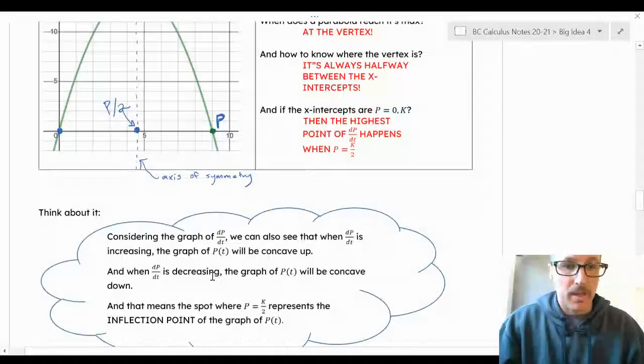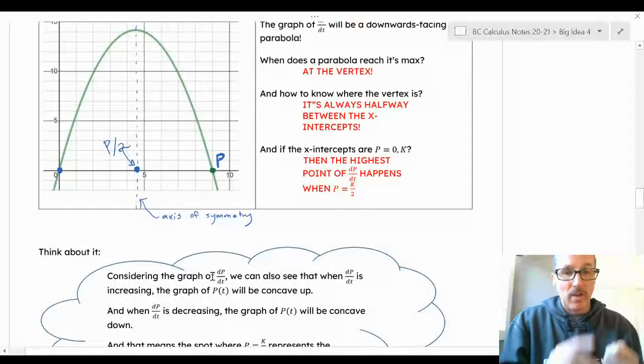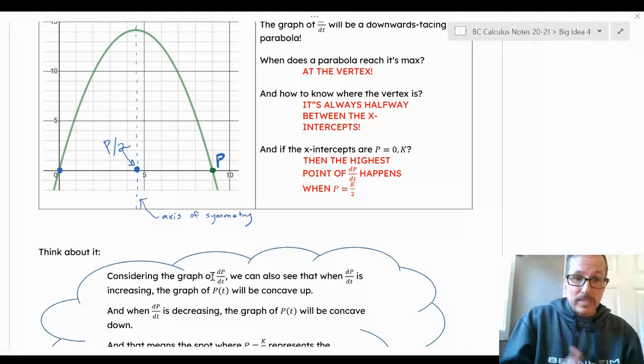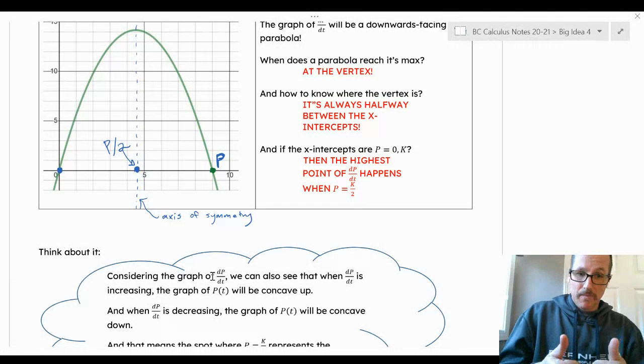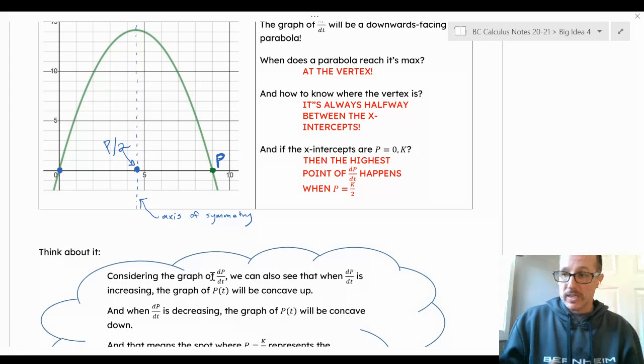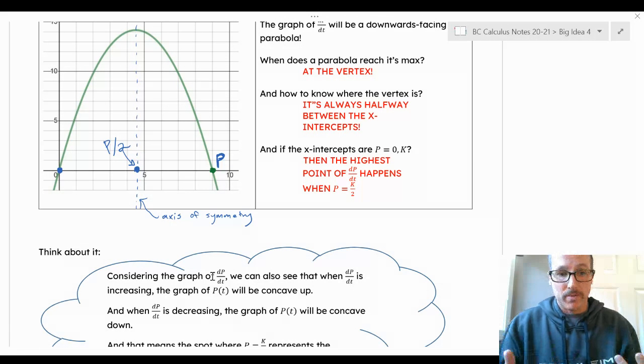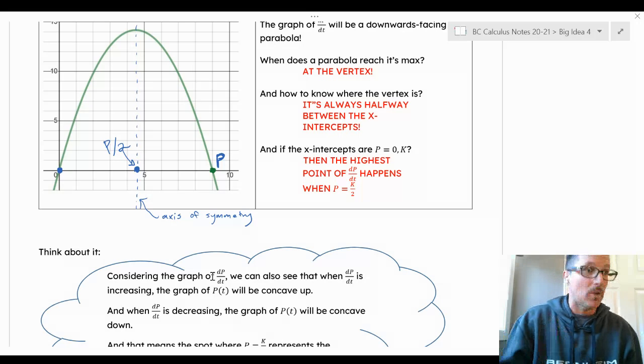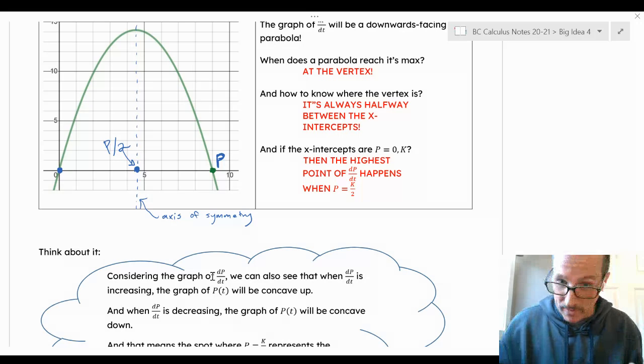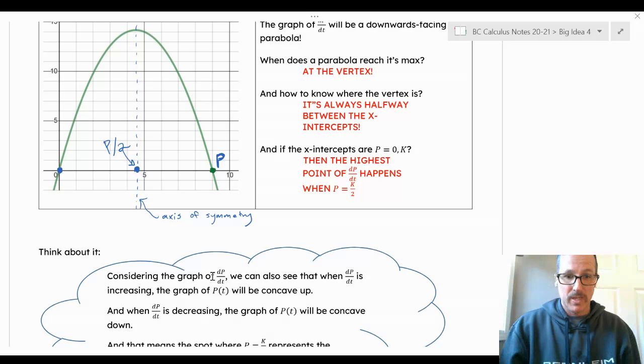Another way to think about this is that looking at the graph of dP/dt, if dP/dt is increasing, that means the function P is concave up, because we're saying the second derivative is positive.